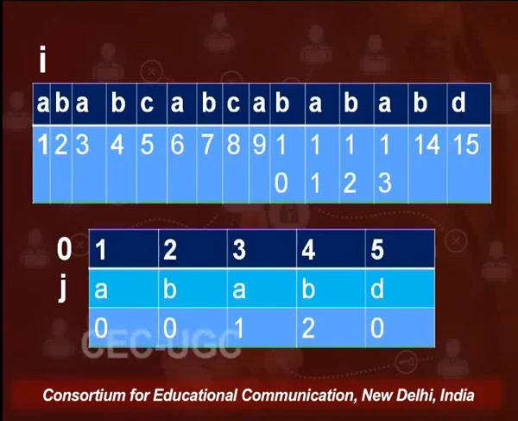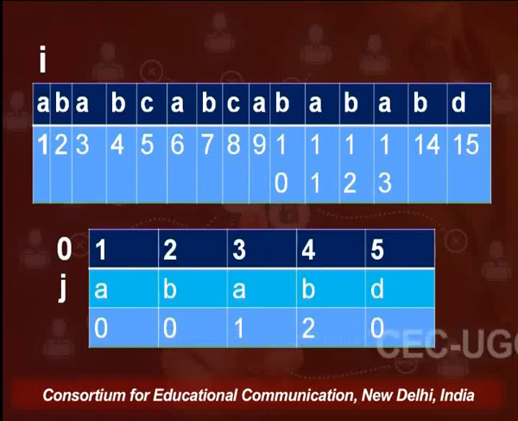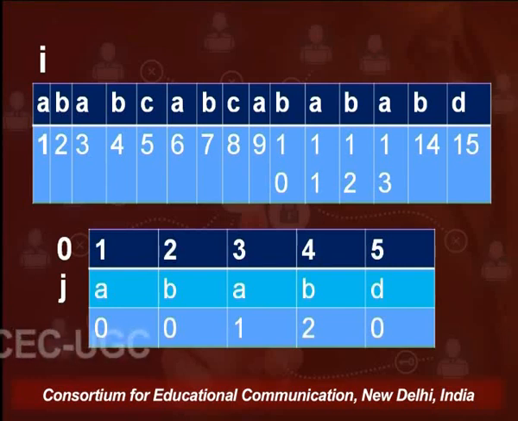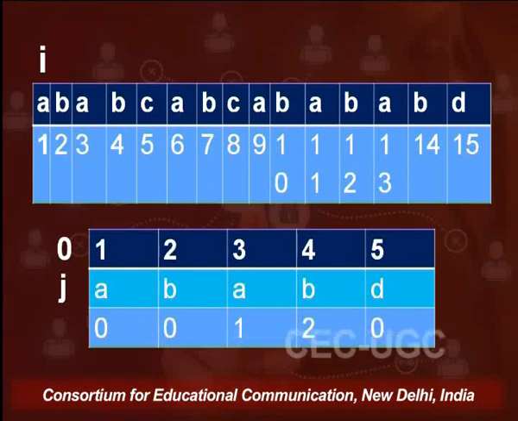In case of mismatch, I will look at j. I will not shift I back. I is not going to backtrack. I will stay at position number 5 where this C is available. Now j is at position number 4 in the pattern, which is representing B, and before B we have written 2 in the prefix table.